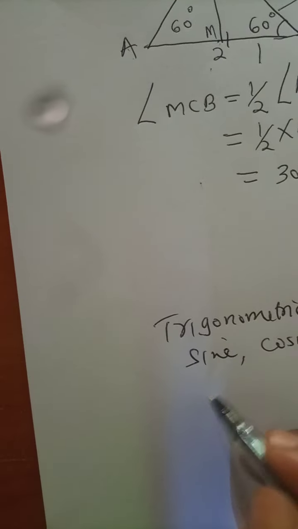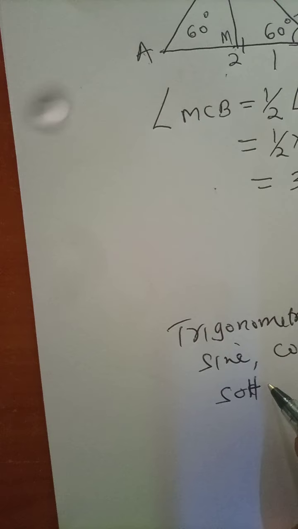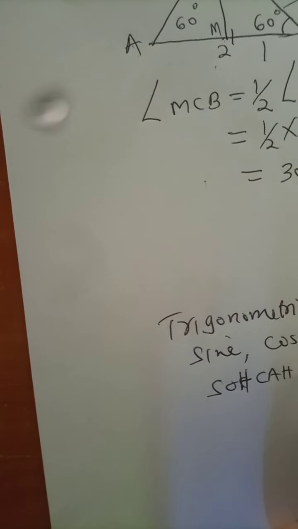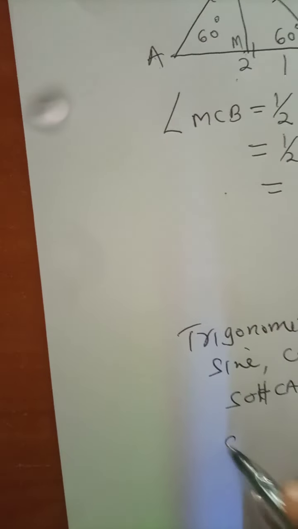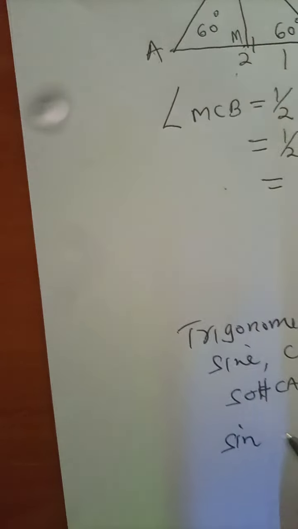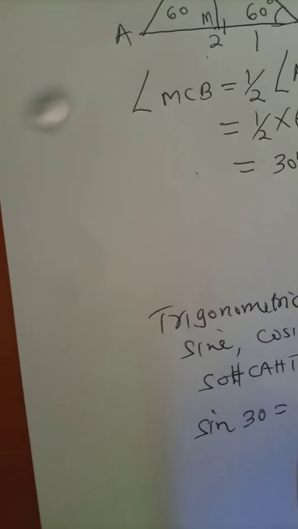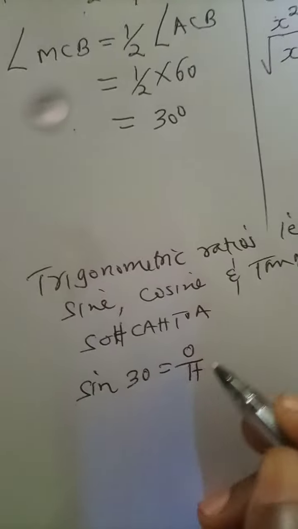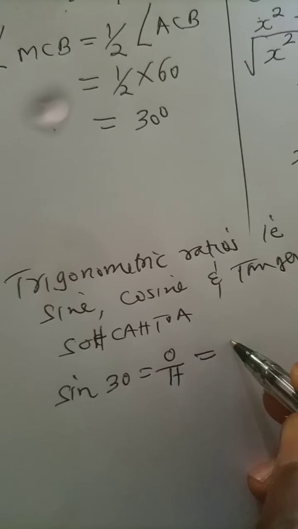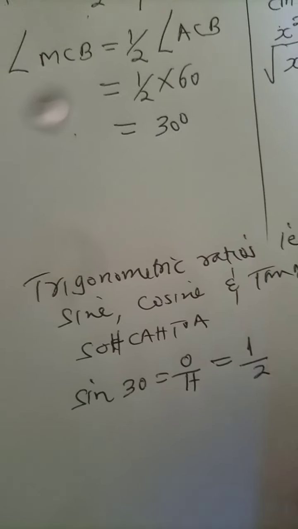Using the formula, we get that sine 30 will equal opposite over hypotenuse. Opposite of 30 is 1, hypotenuse is 2.